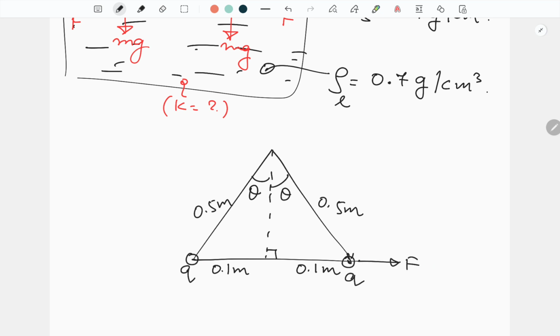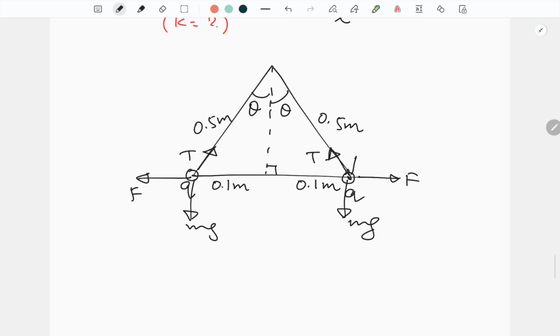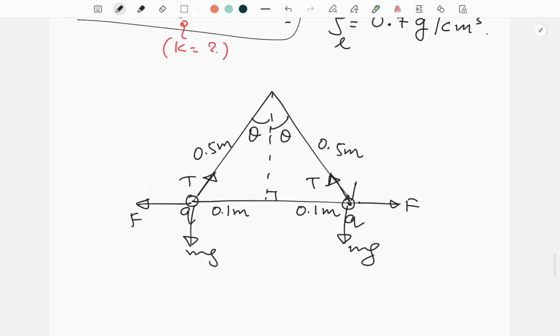So F is here. T will be like this, T will be like this, F will be like this, mg will be like this. So we'll simply apply Lami's theorem here to balance it. You can resolve T like this.